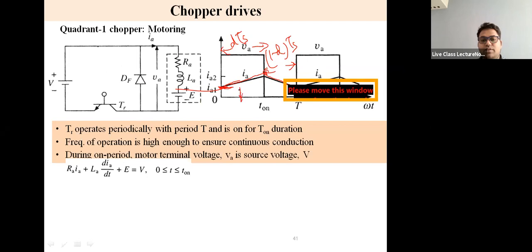The value of current through the armature before the switch is turned on should be equal to that after it has reached this stage. If it is not the same, then the current will keep on growing, which means it is not at steady state, it is in the transient state.